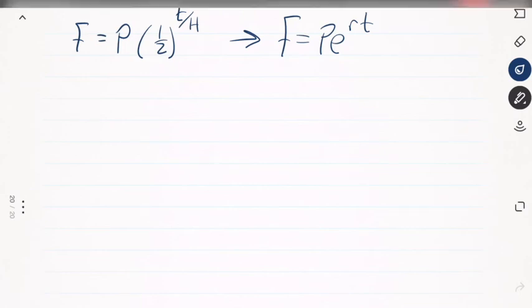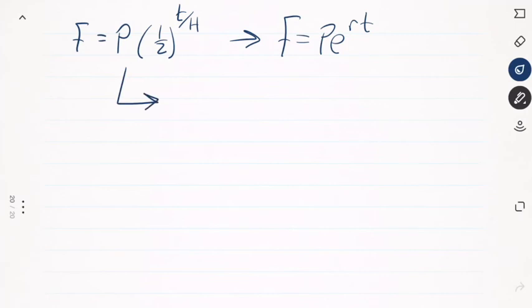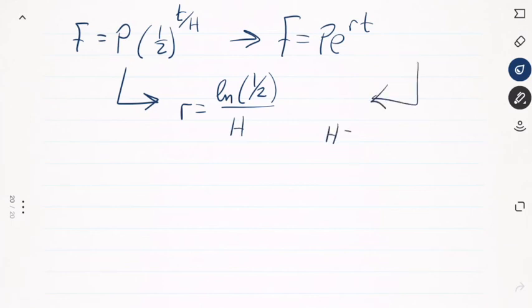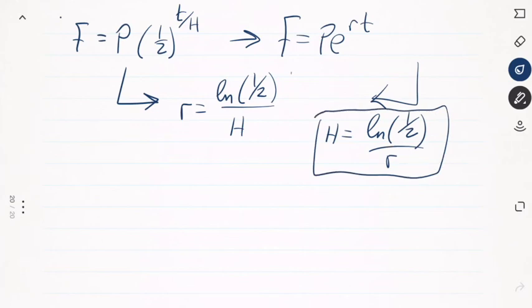So the formula to convert from this side to that side is r is equal to ln of 1/2 divided by h. And then to go this direction, h is equal to ln of 1/2 divided by r. So these are the go-betweens between these two formulas.